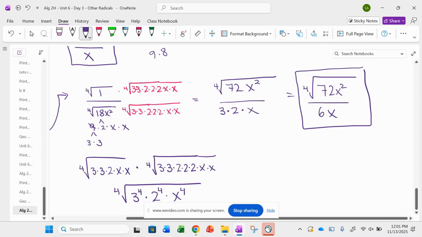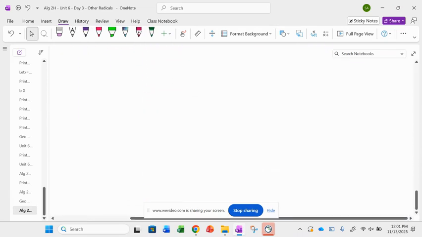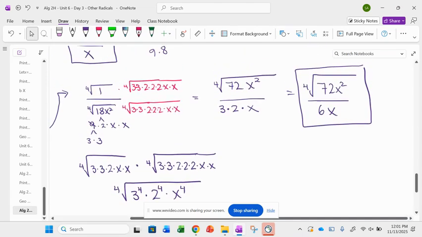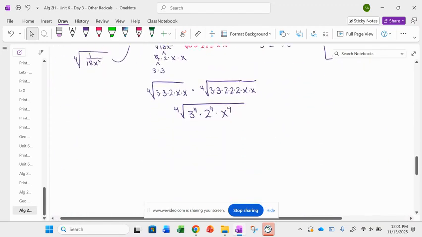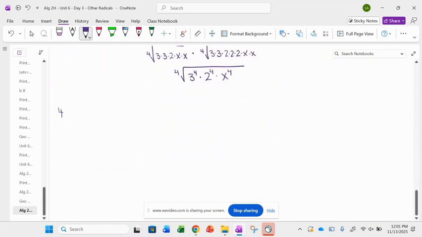All right, let's do another one. You guys try this one. The fourth root of 25a to the third.